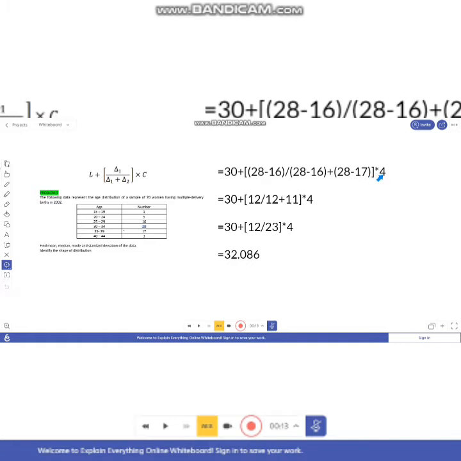And times 4 is the width. How do I get the width? If we subtract 30 from 34, we get the size of the width.